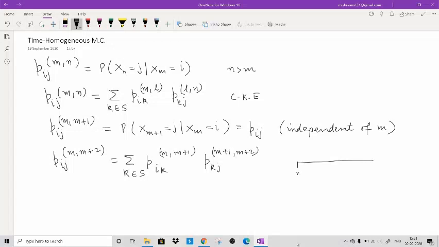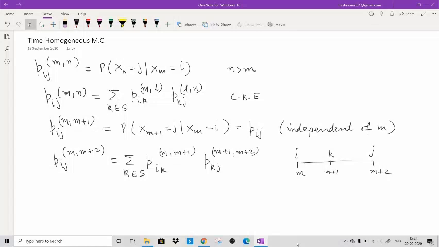This is time m, this is time m+2. At time m you are at state i, and at time m+2 you are at state j. In between there is a time m+1, where we assume that the process is in some state k, and it can be any state k.